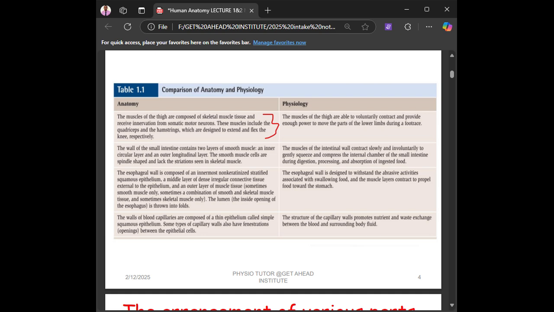Often the anatomy of a specific body part suggests its functions. That is why the scientific discipline that studies the function of the body structures is known as physiology. A special relationship exists between anatomy and physiology, just as you have seen on this slide. Because a structure and its function cannot be completely separated, anatomy and physiology depend on each other.